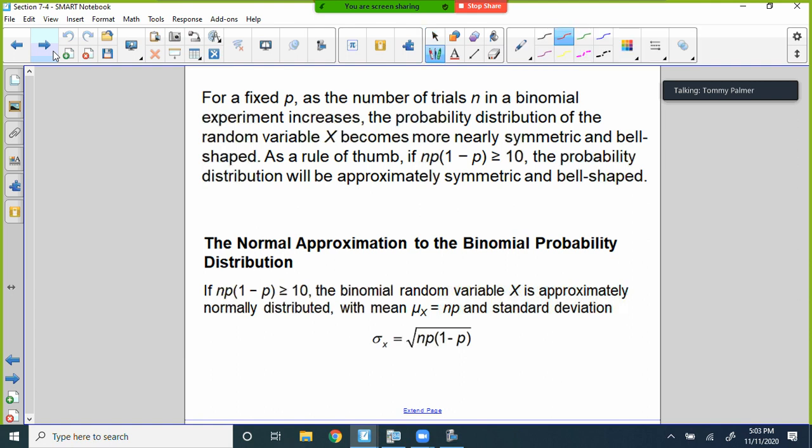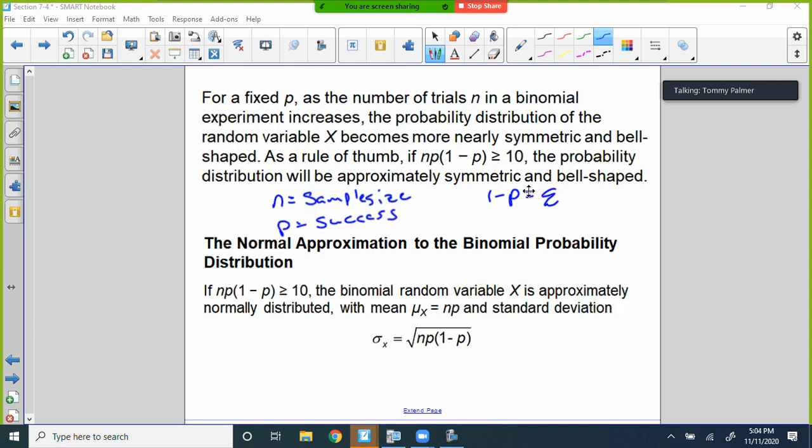So I want to just kind of, let's see up here. N is the sample size. P is the success. And then 1 minus P, we're going to say that's Q, right?